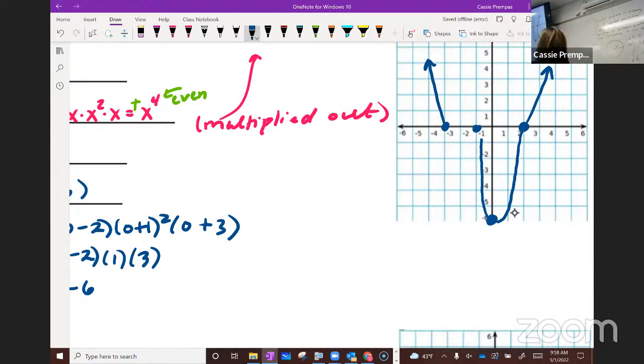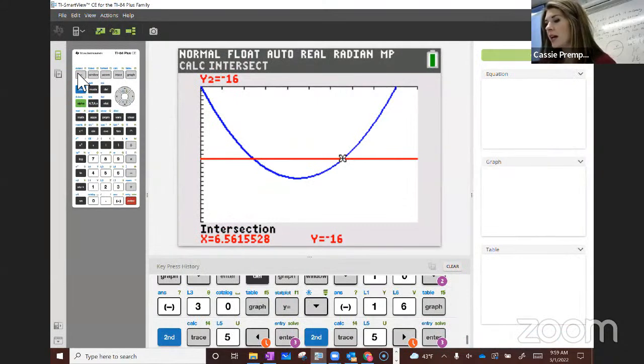But here's the thing, I don't know if it's going to pass through that 0 or if it's just going to bounce off and create something like a parabola. So for right now, I'm going to take out my calculator and see what happens right there.